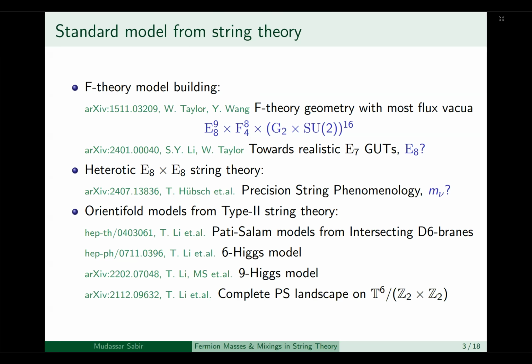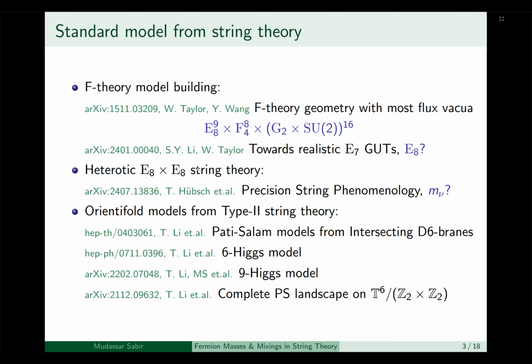Around the same time, we discovered the complete landscape of solutions on this toroidal compactification with the Z2 times Z2 orbifold, and we got a total list of about 200,000 models. But after imposing certain equivalences, there were really only 33 physical models.